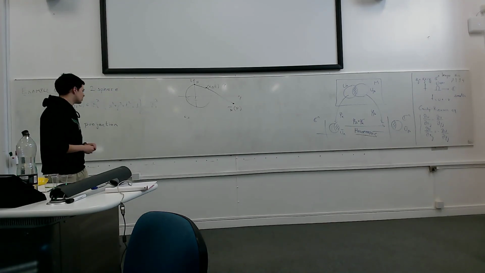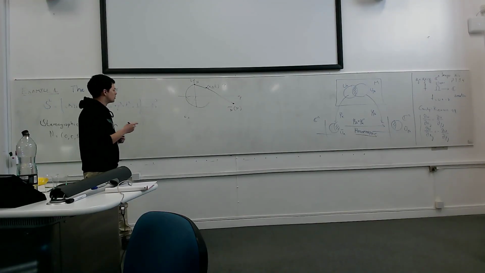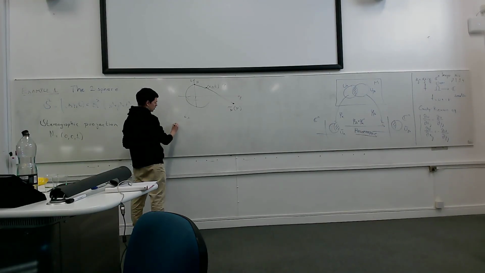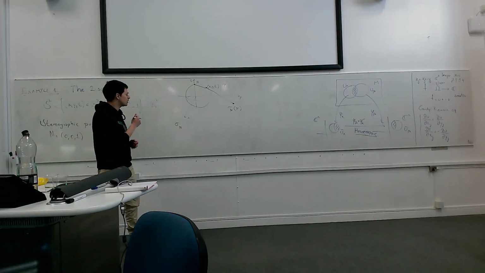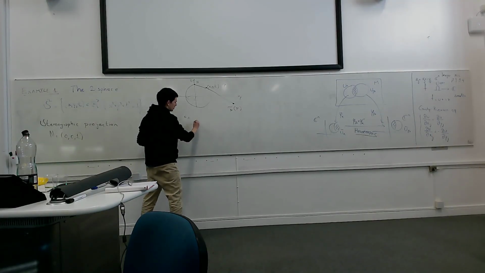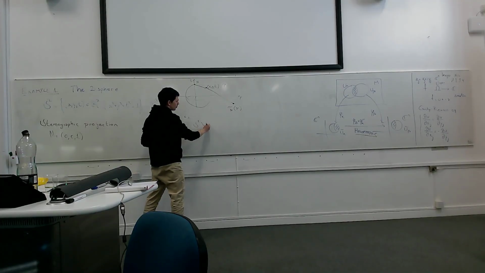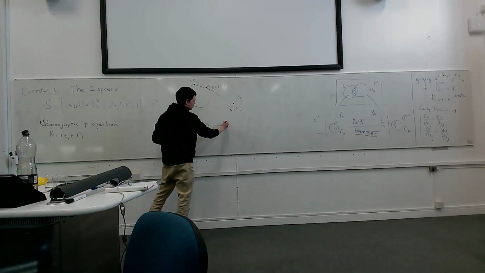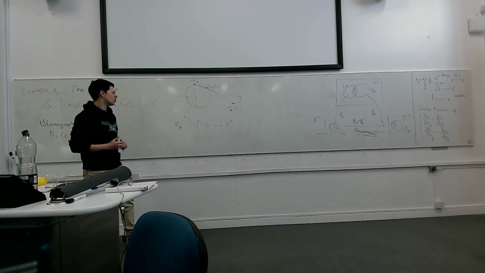So this stereographic projection sigma_N is a map that goes from the sphere minus the North Pole to the plane R^2, and it is a homeomorphism.